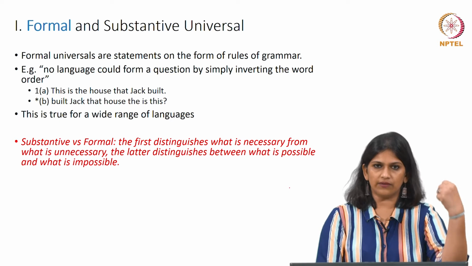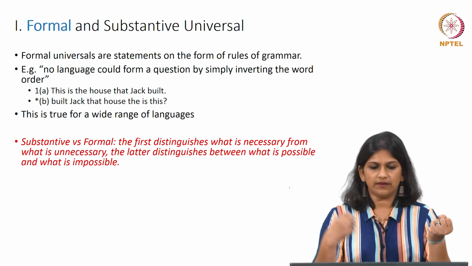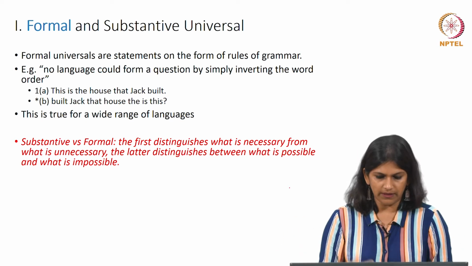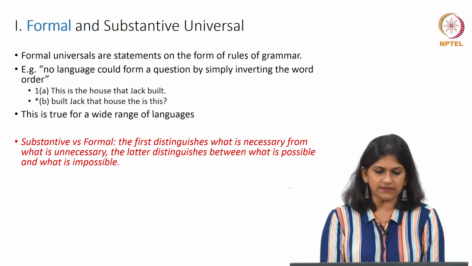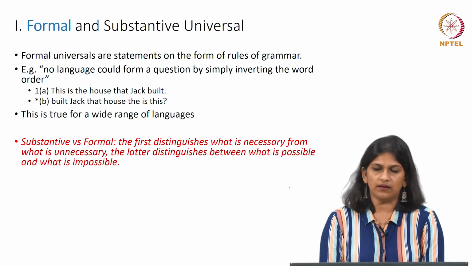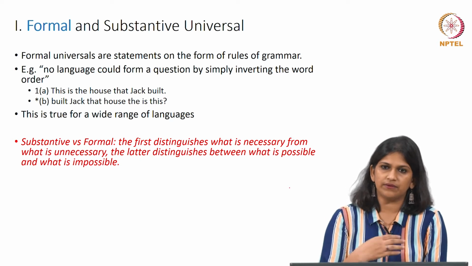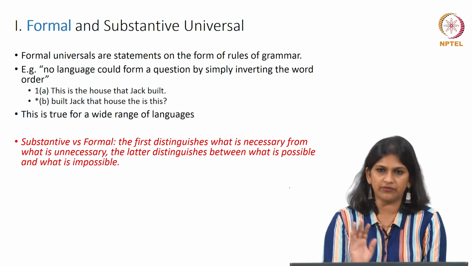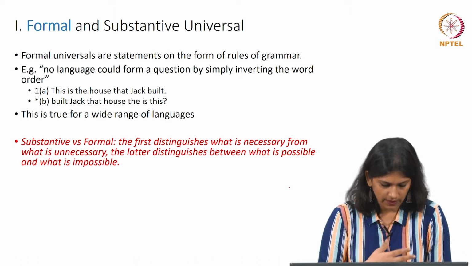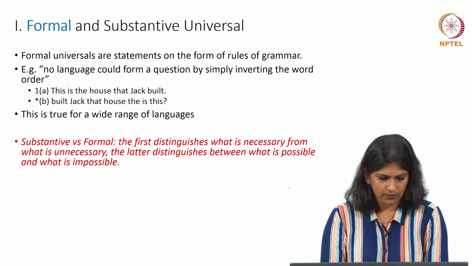Substantive ones, they focus on the categories, formal ones they focus on the statements, that is why we call it formal. And formal universals generally hold true for a wide range of languages. On the other hand, the substantive ones would be found across the languages, but formal ones would be found in a wide range of languages.